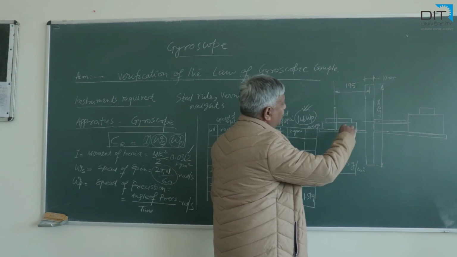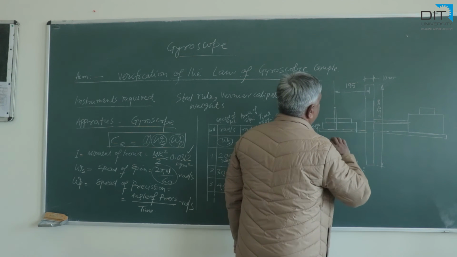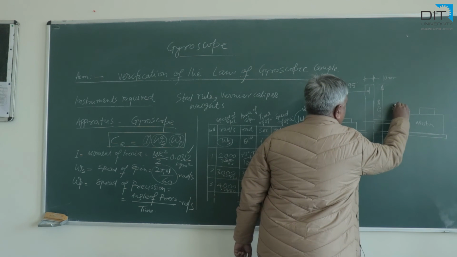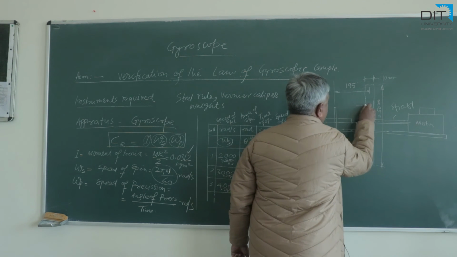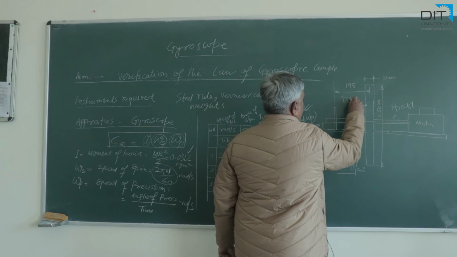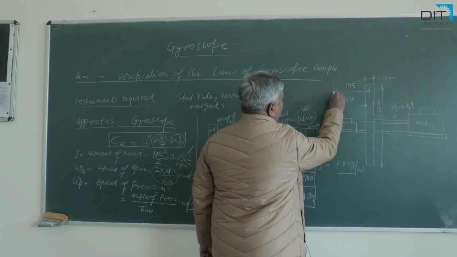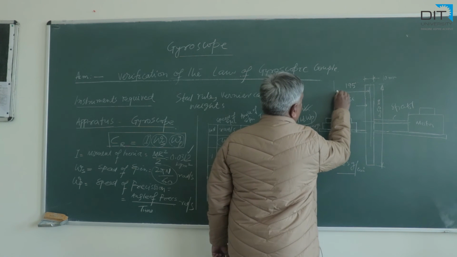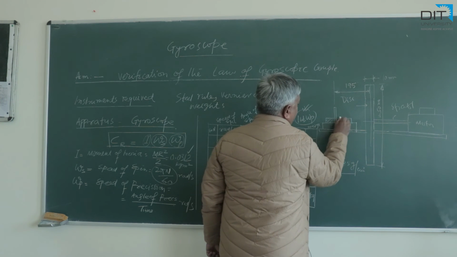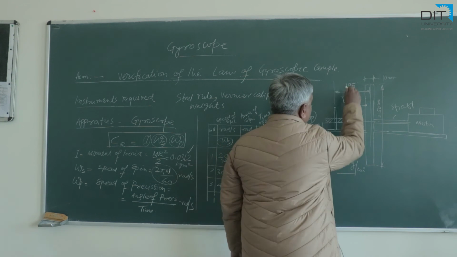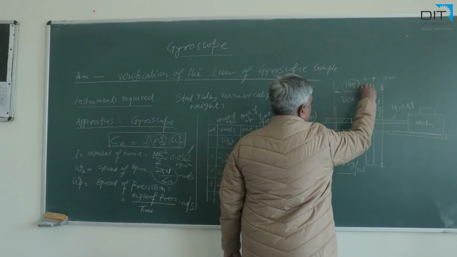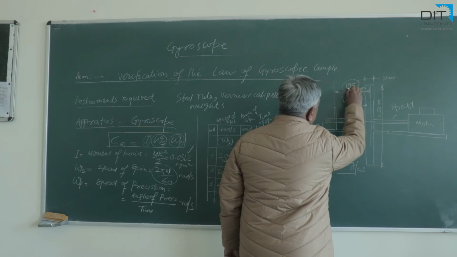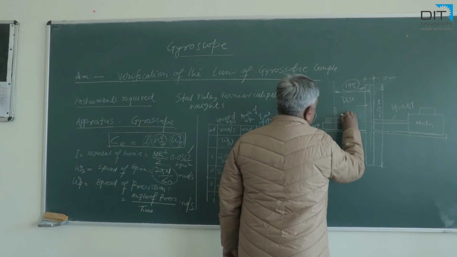And now you look at this picture. I'm just taking the front view of the setup. Here is the motor, the shaft, and the rotating disc. With the help of a scale, just measure this distance, from the center of the disc to the point where we are putting the weight. This comes as 195 mm. Multiply this 195 mm, converted into meter, with this weight.